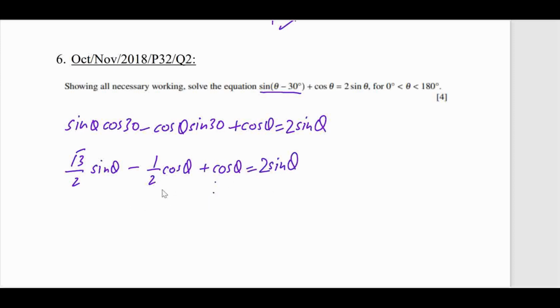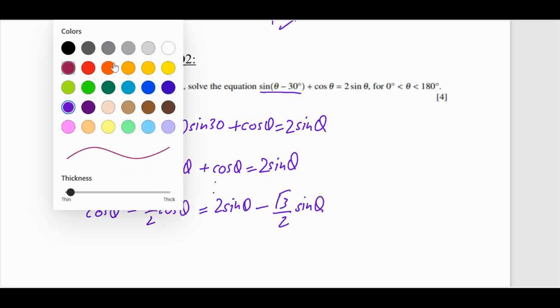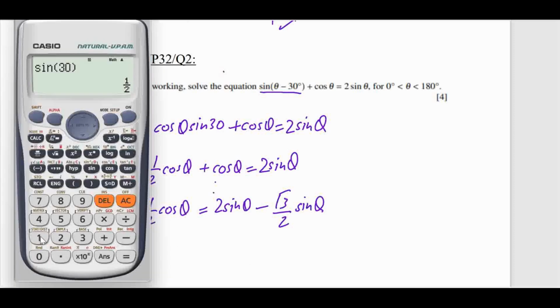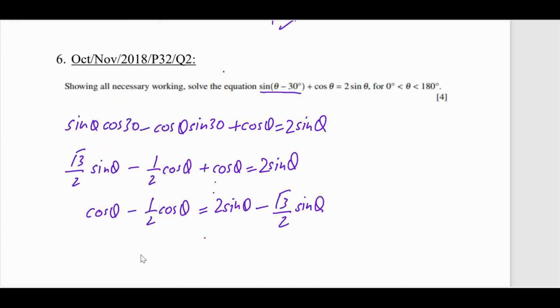Now we have to rearrange it and simplify it. So this will be cos theta minus 1 by 2 cos theta. These two are the like terms. And then 2 sine theta minus square root of 3 by 2 sine theta. In this step we have simply rearranged the equation and we can see that these two are like terms. So 1 minus 1 by 2 will be equal to 1 by 2.